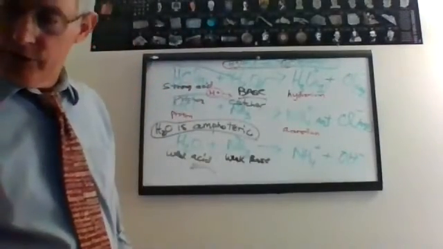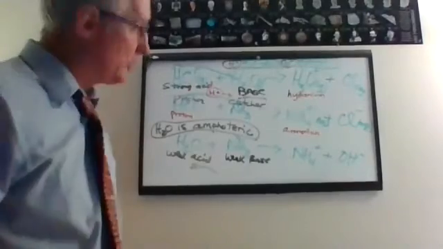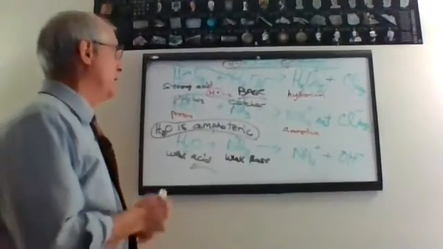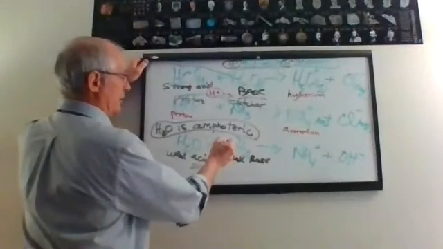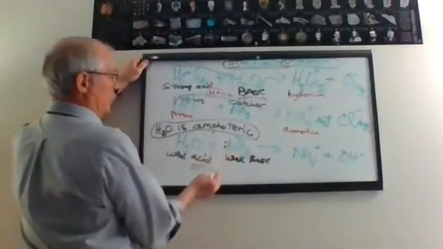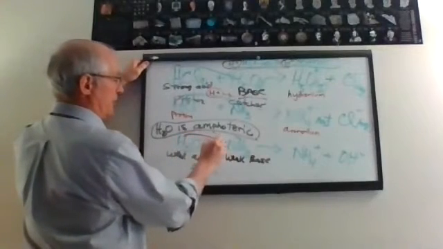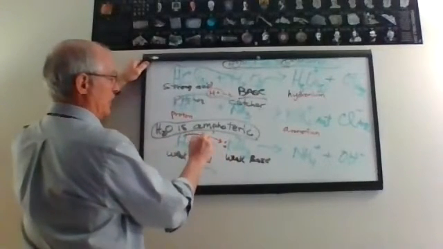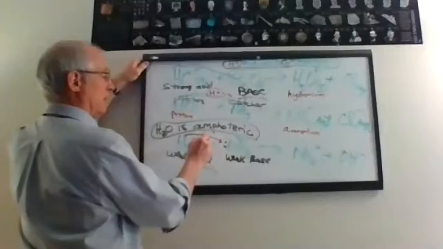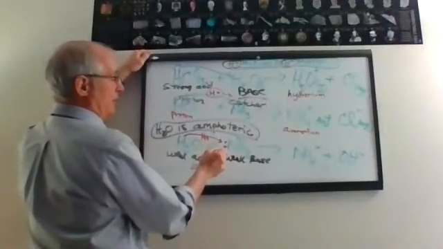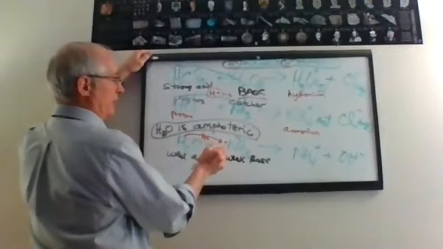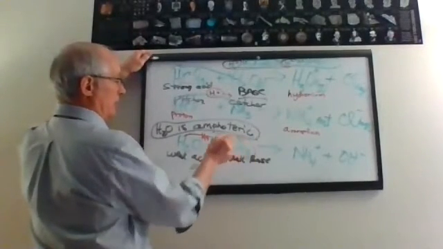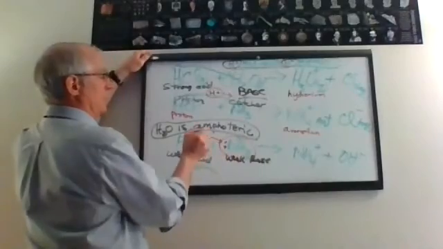So all Lewis did was look at it backwards from the way that Bronsted-Lowry looked at it. They saw a lone pair here, and that lone pair would be a good receptor for a proton, a hydrogen ion. And so he looked at it as though that lone pair on the molecule was donated to the hydrogen ion.